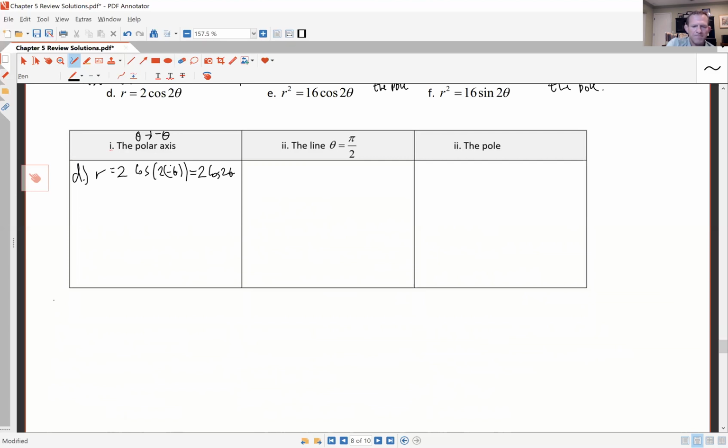So we have symmetry about the polar axis. And from our work with graphing these, we're supposed to remember that the cosine 2 theta is a 4-leafed rose.